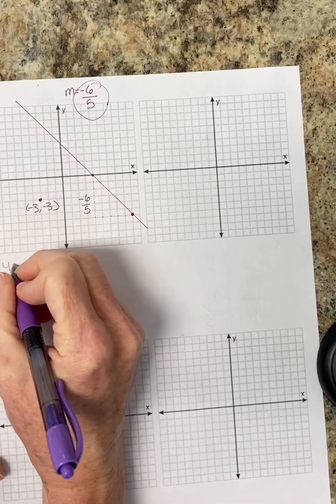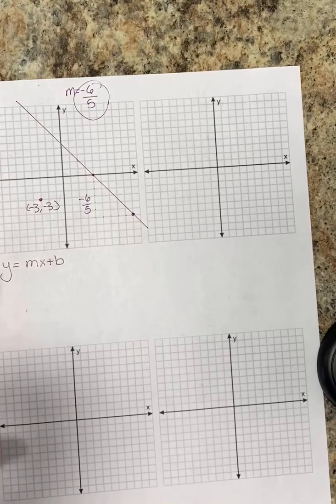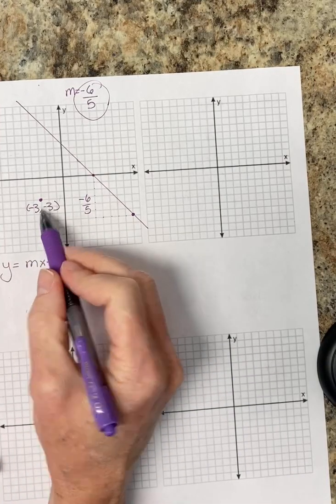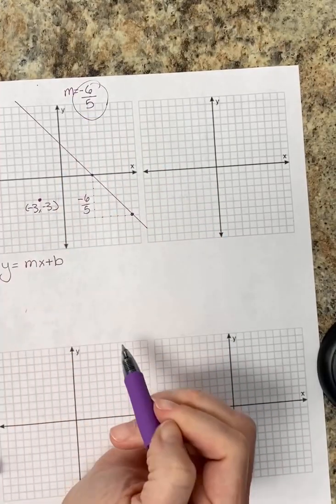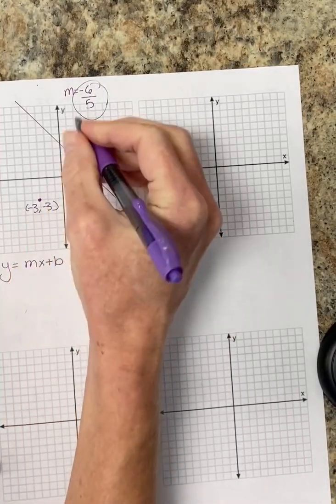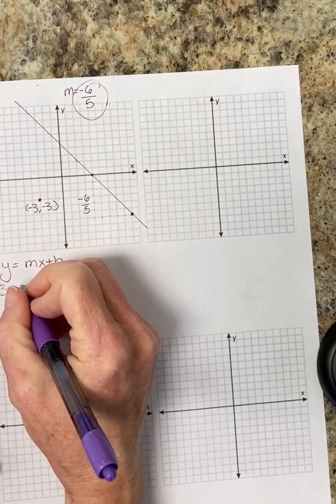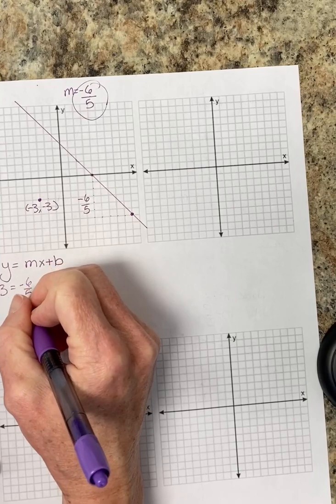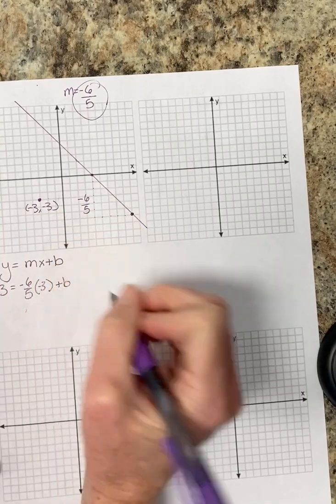So we have y equals mx plus b. I have a point. I have a slope. I can figure out the y-intercept. I can figure out the equation of this line. So y, my y is -3, equals m is -6/5 times x is -3 plus b, and I can solve for b.